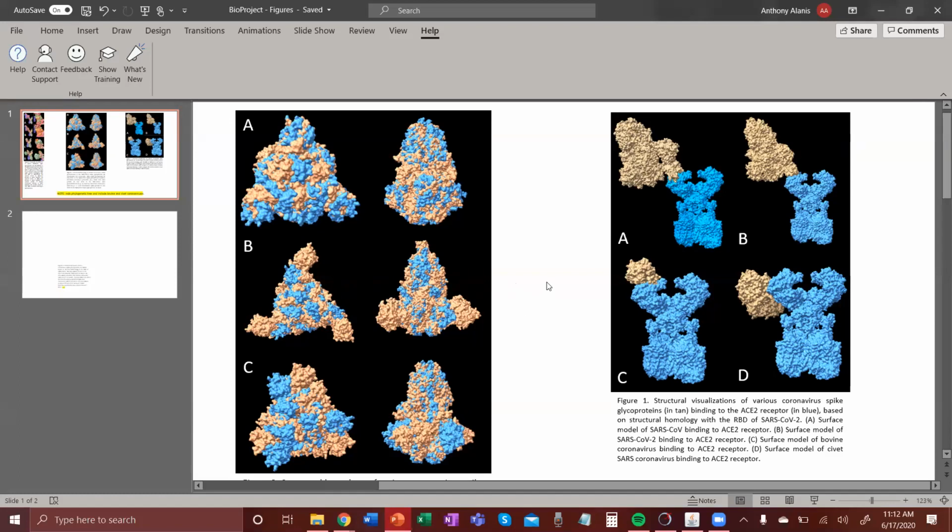Whenever I looked at SARS coronavirus, the one where I bind the SARS spike glycoprotein to the ACE2 receptor, it's in a low pH environment on purpose so that this receptor binding domain goes in the up conformation.